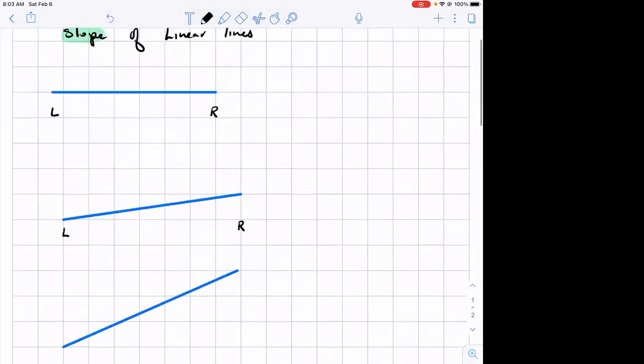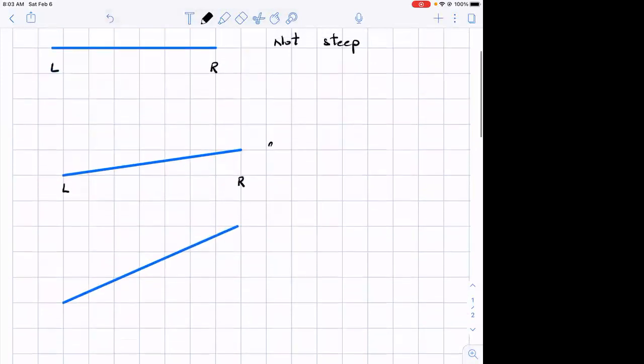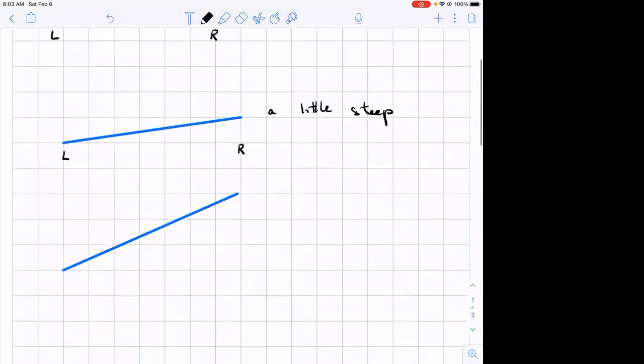So here we can say that this is not steep. Here we can say it is a little steep. And here we can say as we travel from left to right, it is more steep as compared to the one above it.